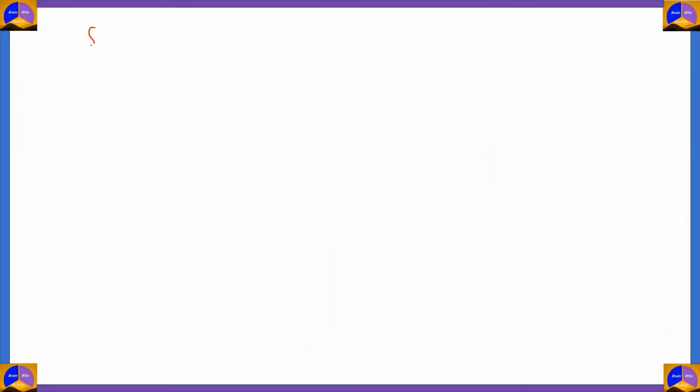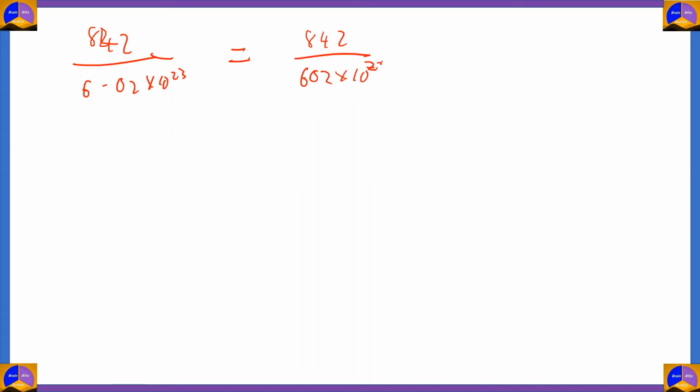So let's calculate. So that's 842 divided by 6.02 into 10 raised to 23. So then what we can do is we can convert 6.02 into 602 into 10 raised to 21. And since 10 raised to 21 is in the denominator, in the answer, it'll be 10 raised to minus 21 times 842 divided by 602.